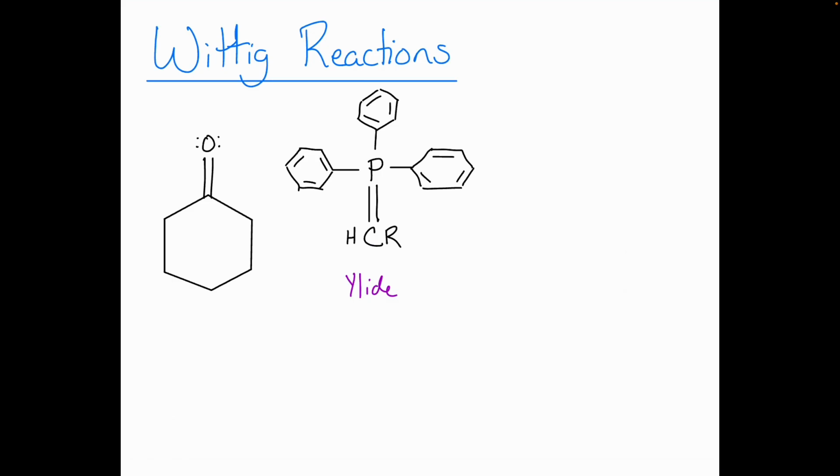And this big group right here, you'll never see it actually drawn out. This big group would be summarized as PPh3, right? 3 phenyl groups or benzene rings on that phosphorus.